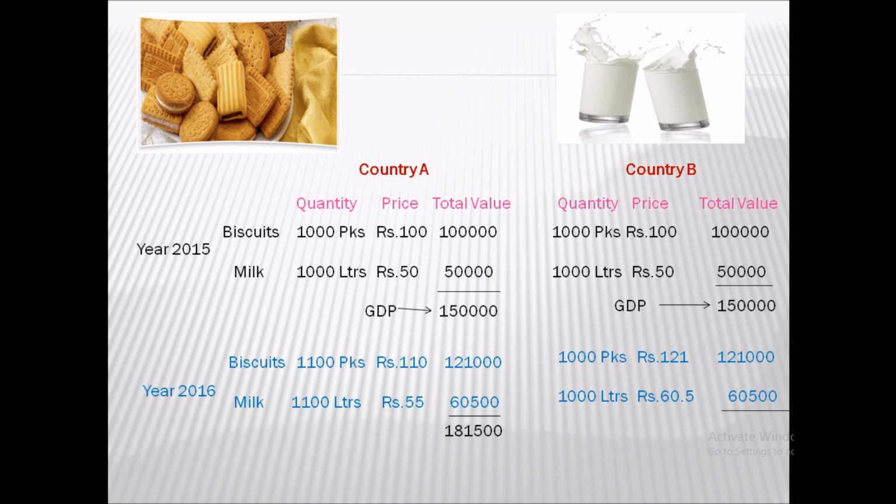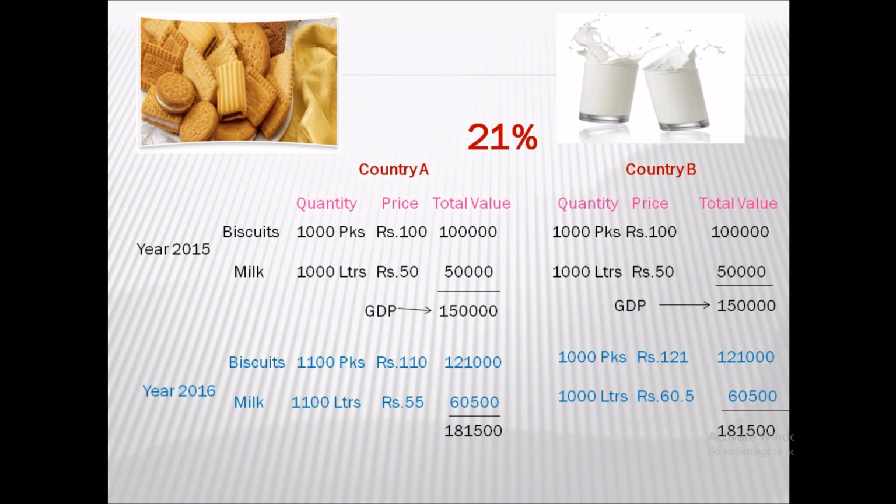So the total value of milk produced by country B in the year 2016 is 60,500, and that makes their GDP also equal to 1,81,500. So if you consider these two economies, you can see that their GDP are the same, and this GDP is a growth of 21% over the previous year's GDP.